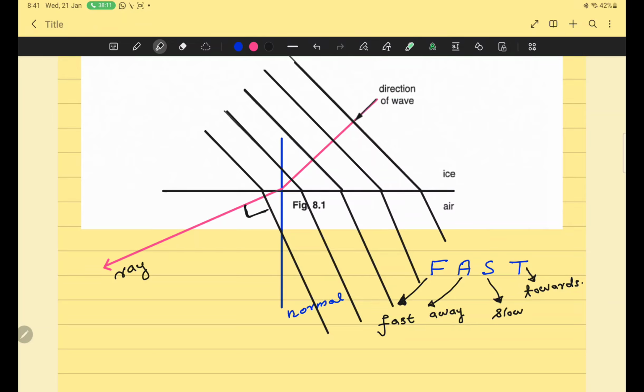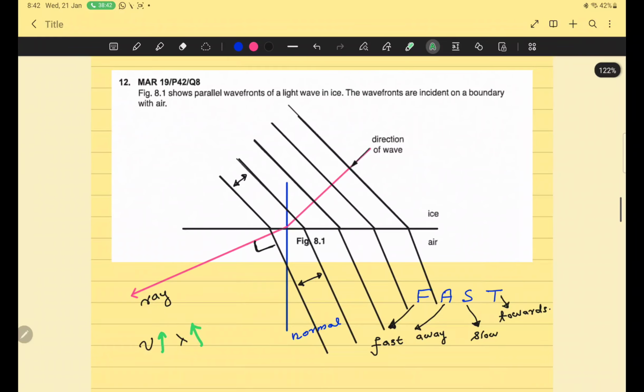Yes, because the speed increases, the wavelength increases. Now you can measure this separation is smaller and this separation is larger. I made the arrow wrong, but speed increases. Sir, when speed increases, then obviously wavelength increases. And in my diagram you can also see that the separation of wavefronts is increased.